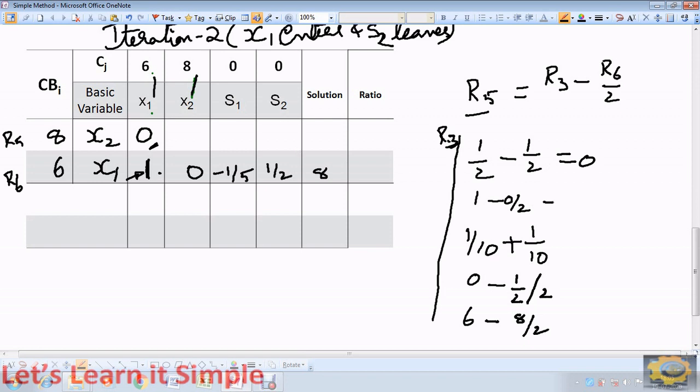1 minus 0 by 2, that is 1. Bring it here. 1 by 10 plus 1 by 10, it is 2 by 10, which amounts to 1 by 5.